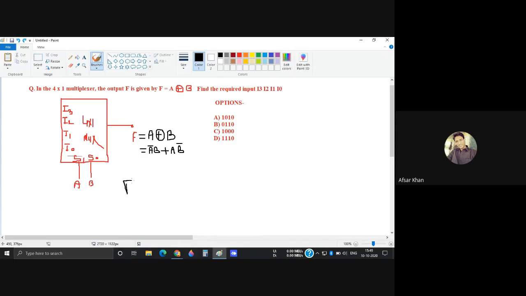If we write this function F, the variables I3, I2, I1, I0 are the inputs and the select lines are AB. So AB can be 0 0, 0 1, 1 0 and 1 1. Yes or no?